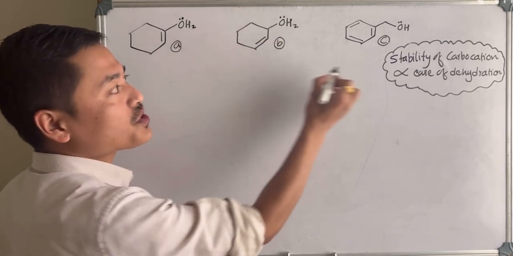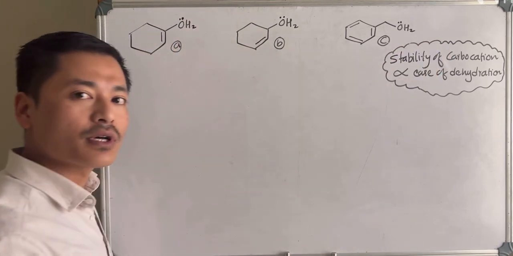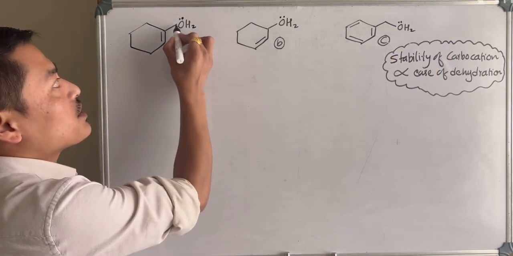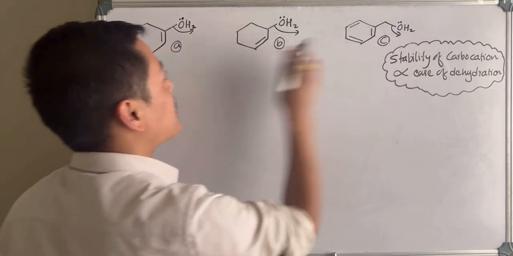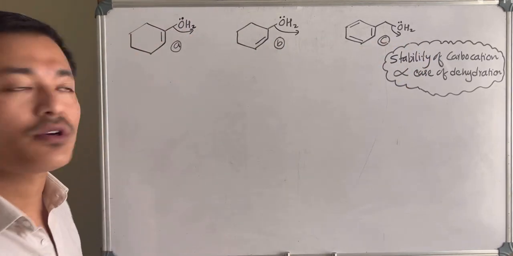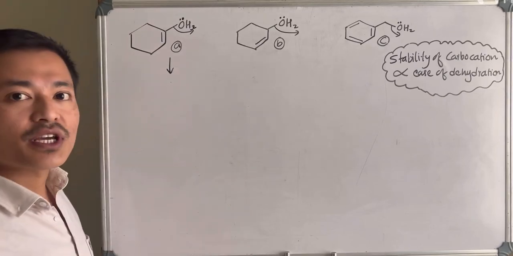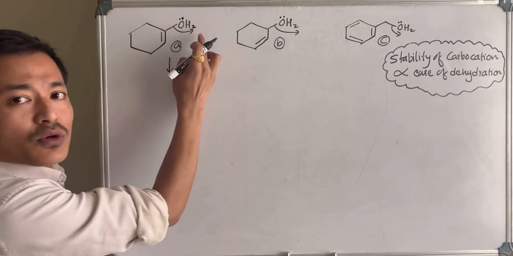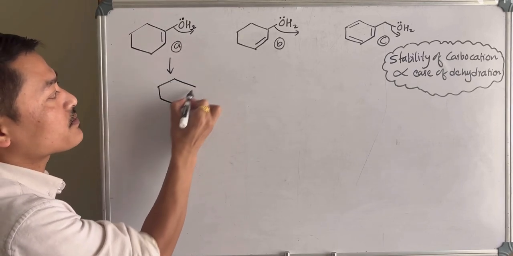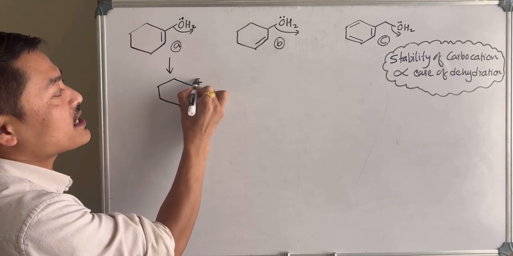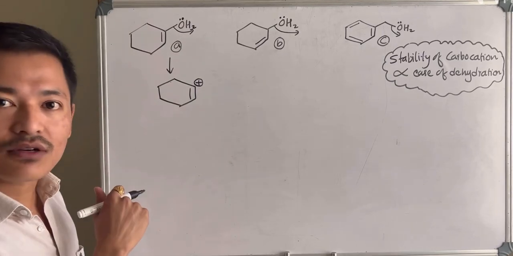It will also form H2O here, and this will also form H2O. After that, this water will be eliminated. It will get rid of the water molecule, and after it does, it will form the corresponding carbocation. If this water molecule is lost, the carbocation formed will be like this. So this is the carbocation that will be formed from the first alcohol.